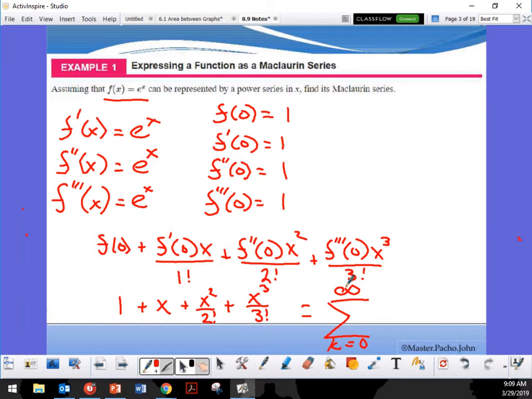Now, if I'm starting with k equals 0, how would I write these terms? X to the power of k over k factorial.